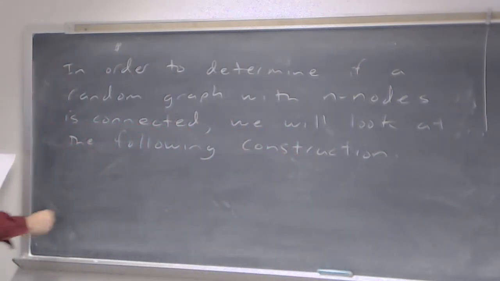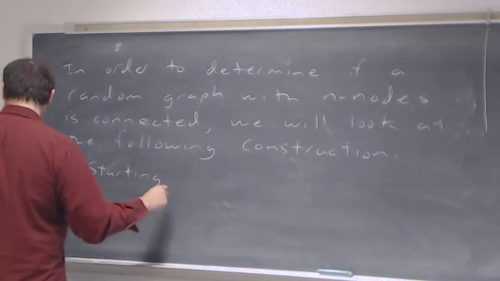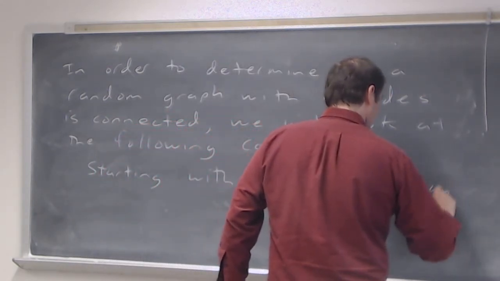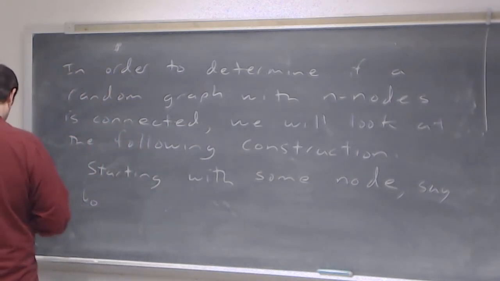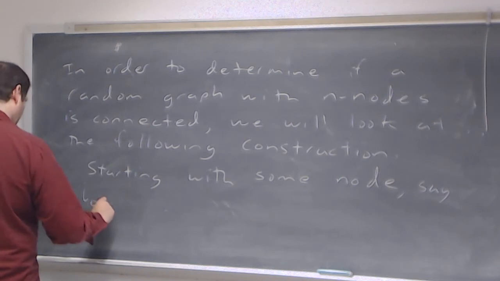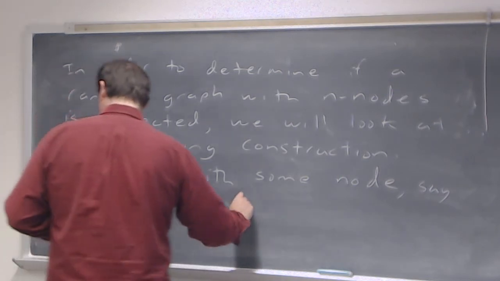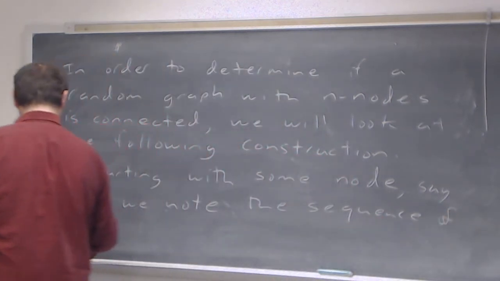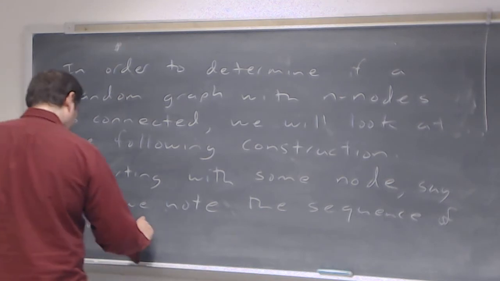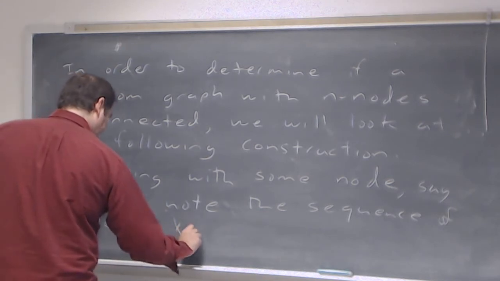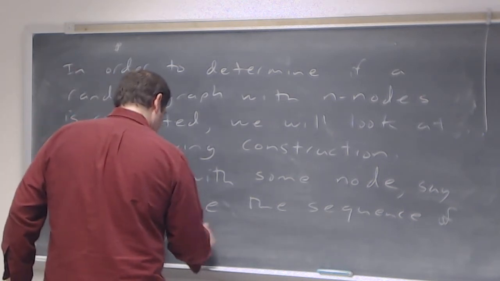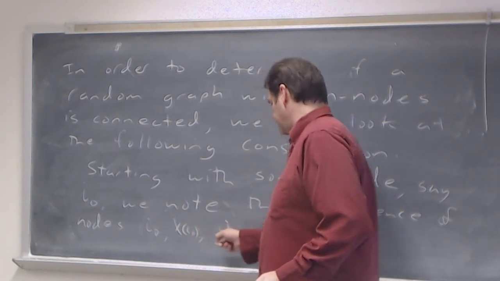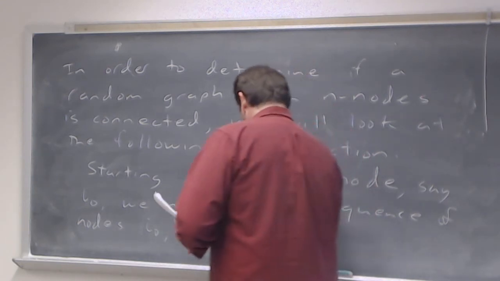Okay. So here's what we'll do. Starting with some node, let's say I sub naught, we note the sequence of nodes I naught, x of I naught, so tell what it has an arc to, x squared I naught, which tells you what x of I naught, which is a node, gets sent to, and so forth.